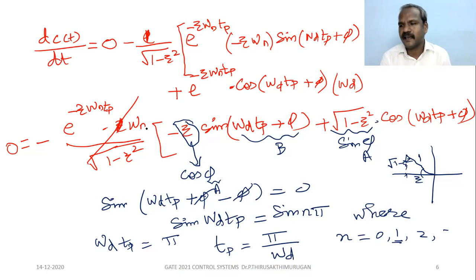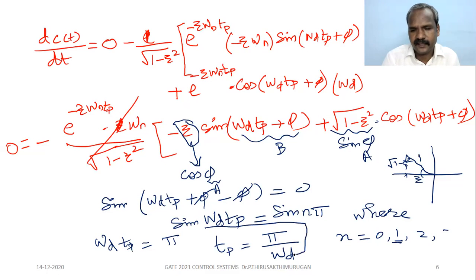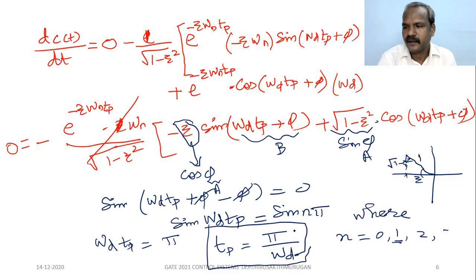We can keep it inside, so zeta omega n into sine of this. Similarly, here omega d into cos phi, right? So as usual, from this step we can also get the peak time expression. Understand?